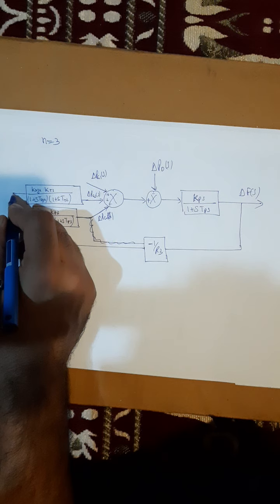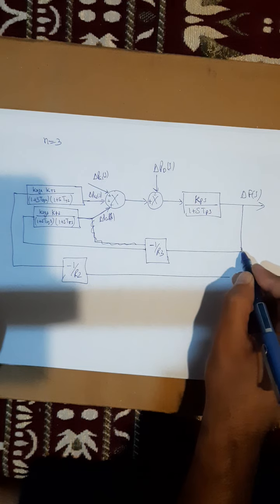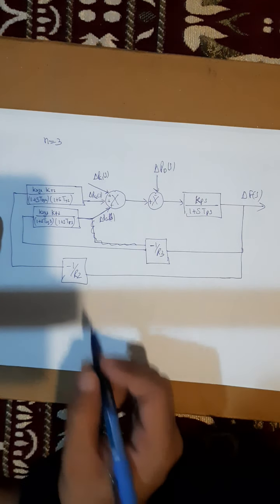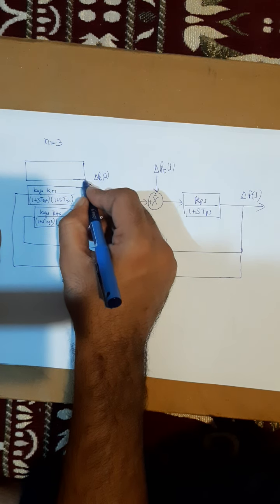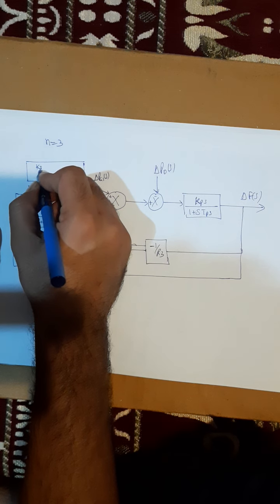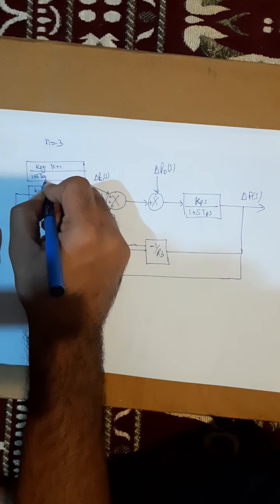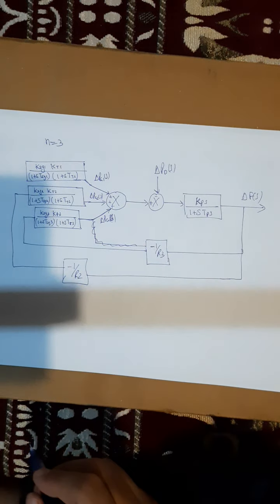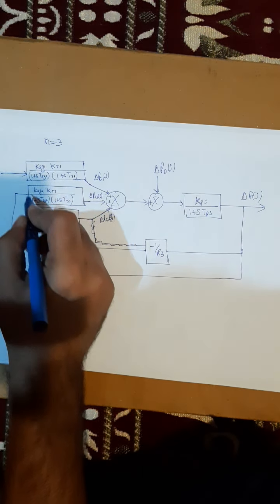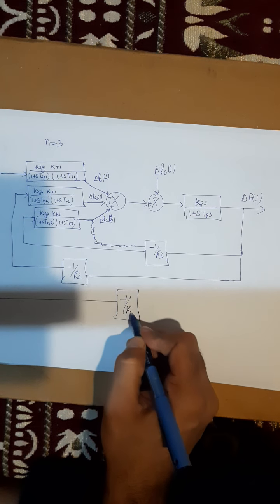Also the input to this is minus 1 by R2 into delta F(s), and then I have the first unit here. This is the first unit: KSG1 KT1 divided by (1 plus s TSG1)(1 plus s TT1), with minus 1 by R1. So this is how the block diagram will look.